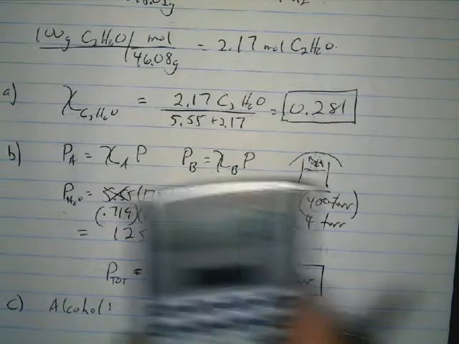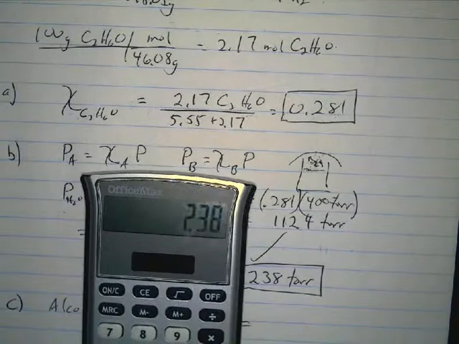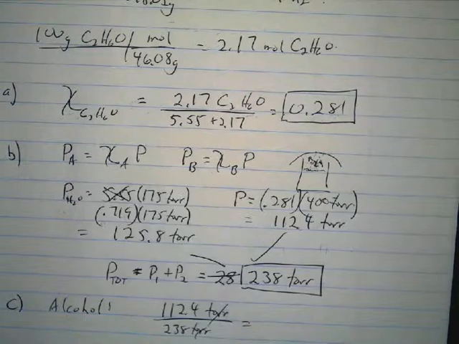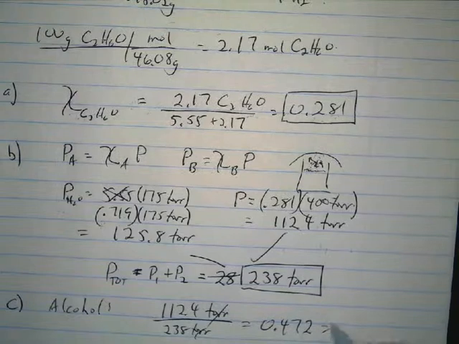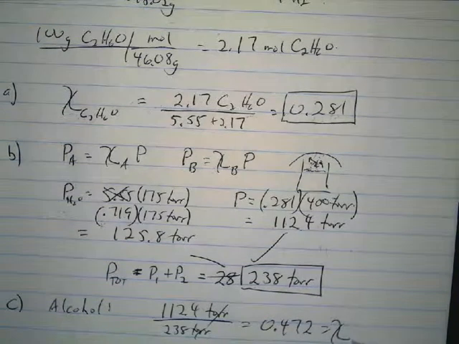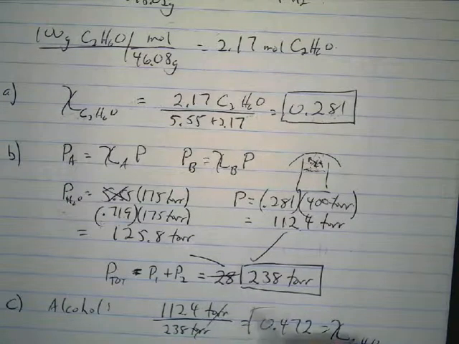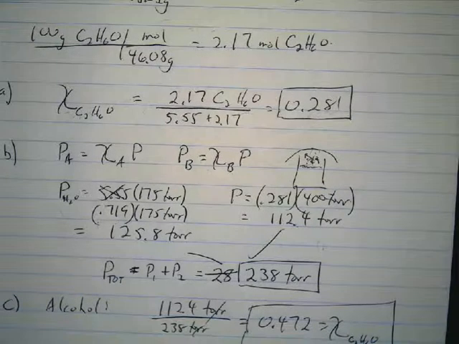And so that number turns out to be 112 divided by 238, which is 0.472. 0.472 is the mole fraction of the alcohol in the vapor. And there you have it. That's the solution to number 63. Thank you.